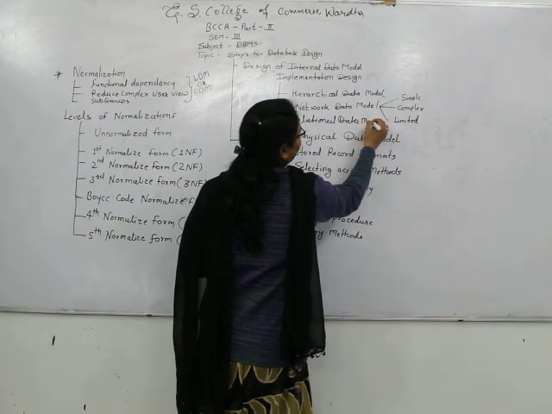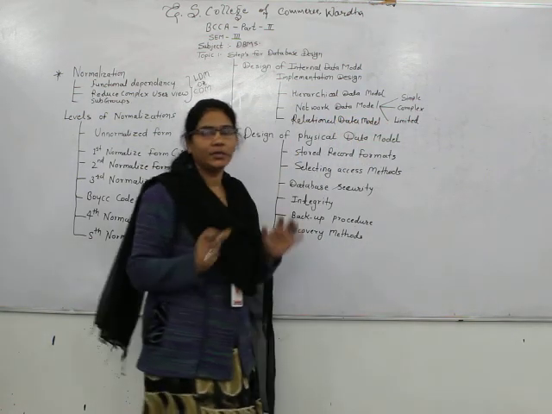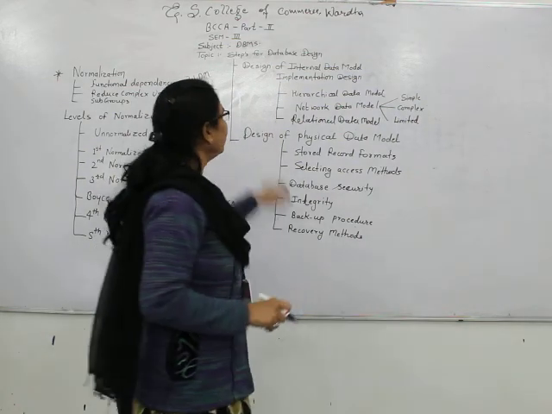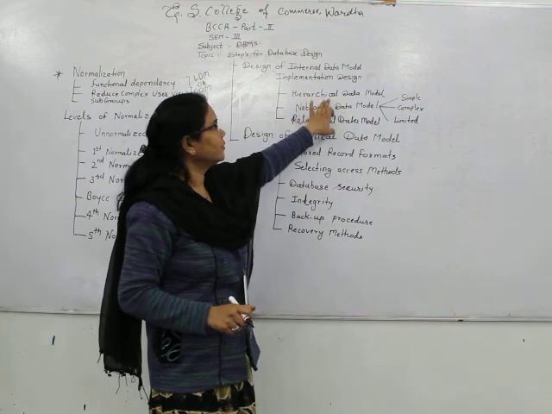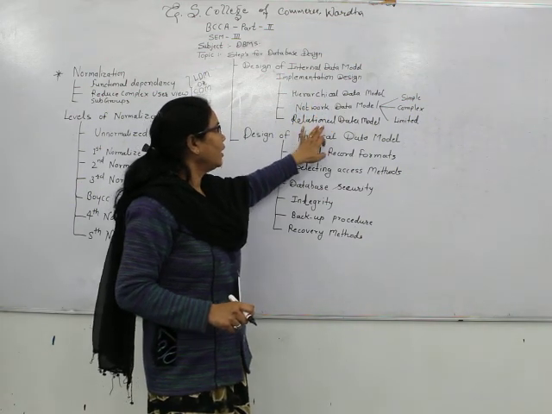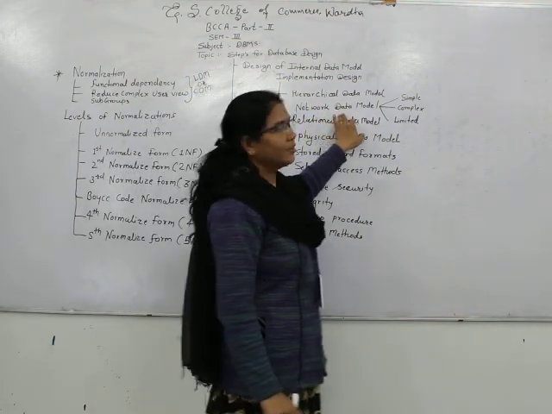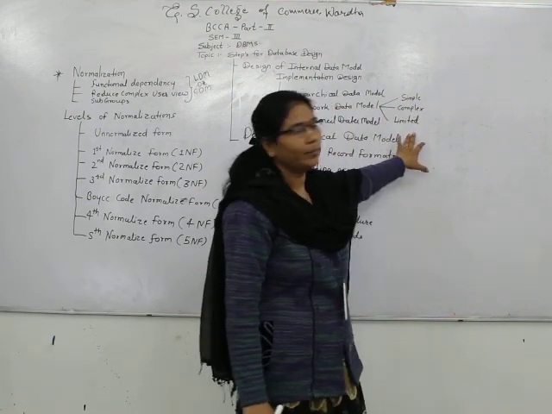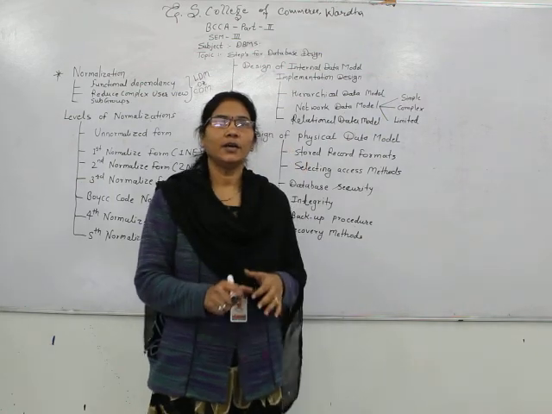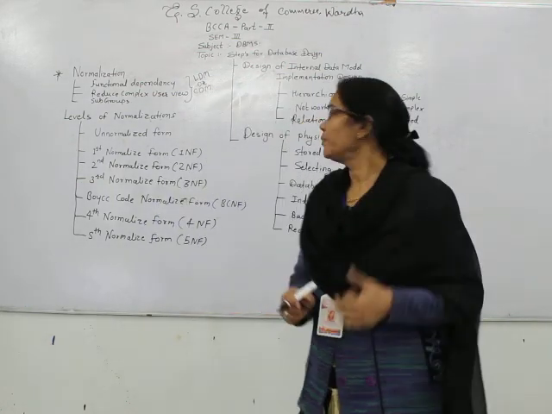So we have to map the conceptual data model into implementation designing. Those are classified into 3: hierarchical, network, and relational. The network data model is also classified into 3: simple, complex, and limited, which I already explained in my previous lecture.